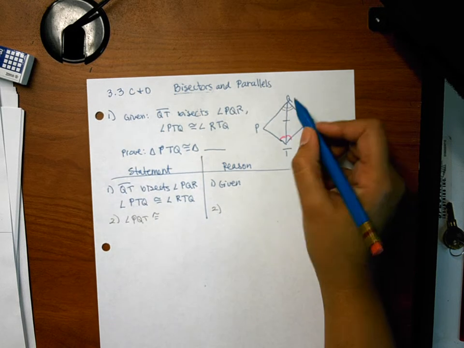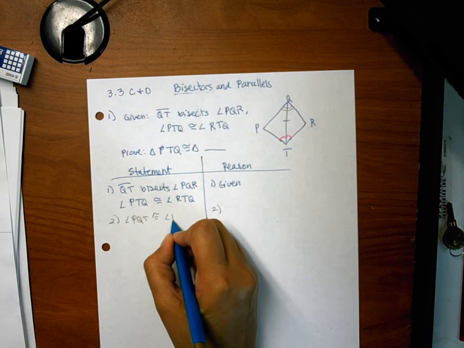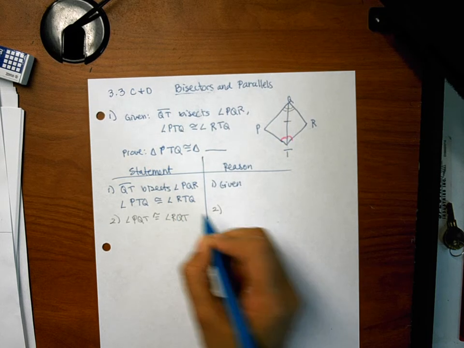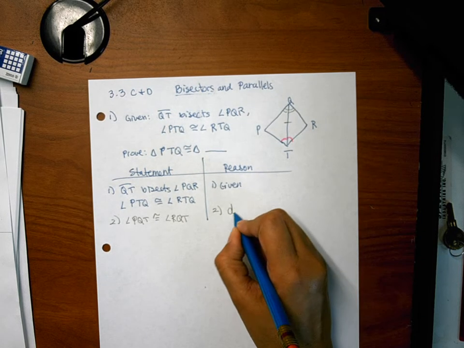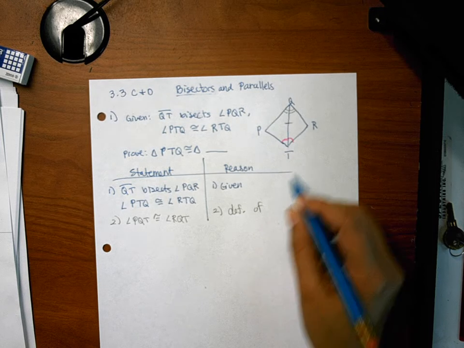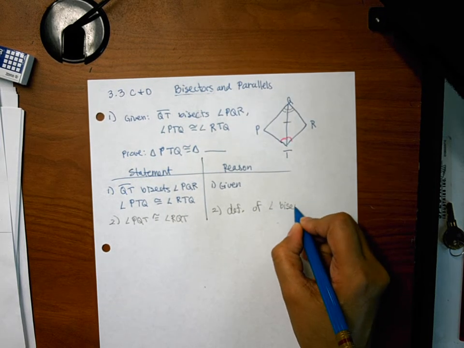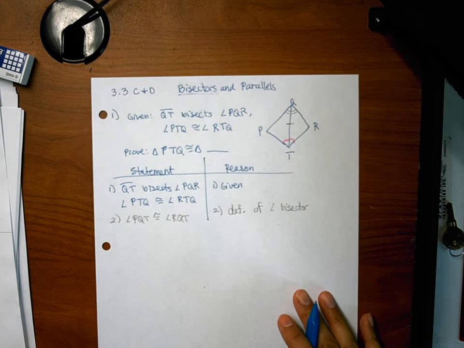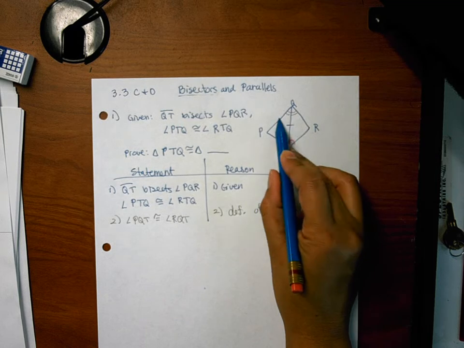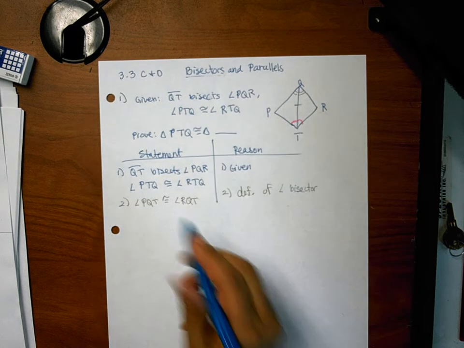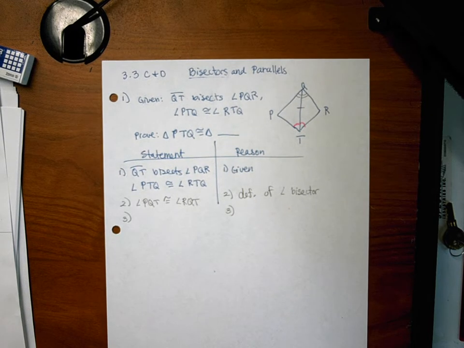So angle PQT is congruent to this angle here, so that's RQT. And why is that? Definition of an angle bisector. An angle bisector cuts an angle in half, which makes these two angles congruent.